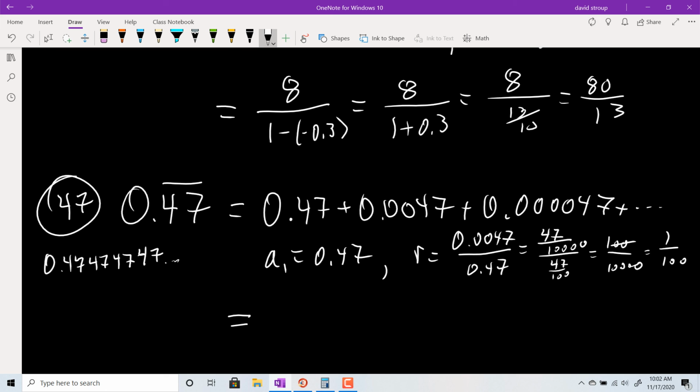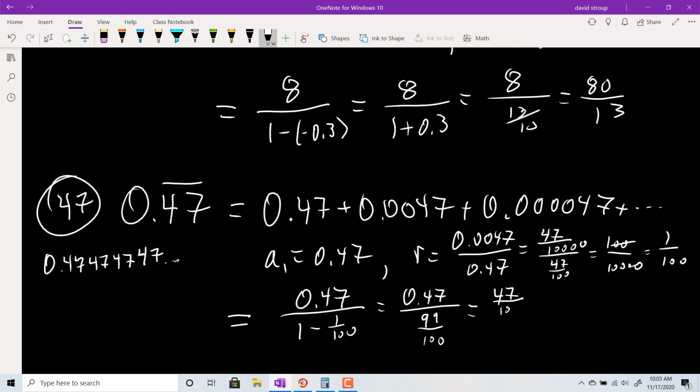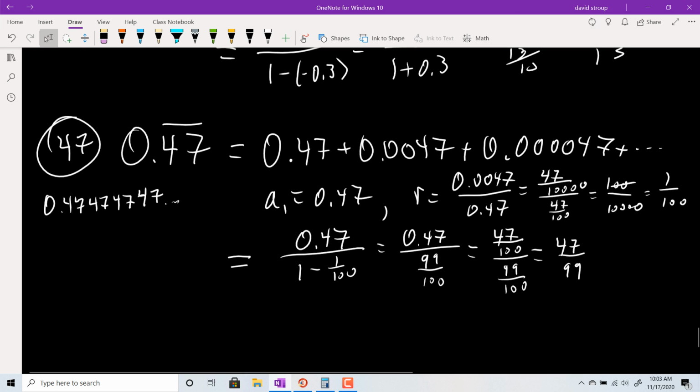So this should equal a sub 1, 0.47, all over 1 minus 1 over 100, which is 0.47 all over 100 100ths minus 1 100ths is 99 100ths. 0.47 is 47 100ths over 99 100ths. And then if you multiply by the reciprocal, you get 47 99ths, which you put into your calculator, you'll get 0.47 repeating.